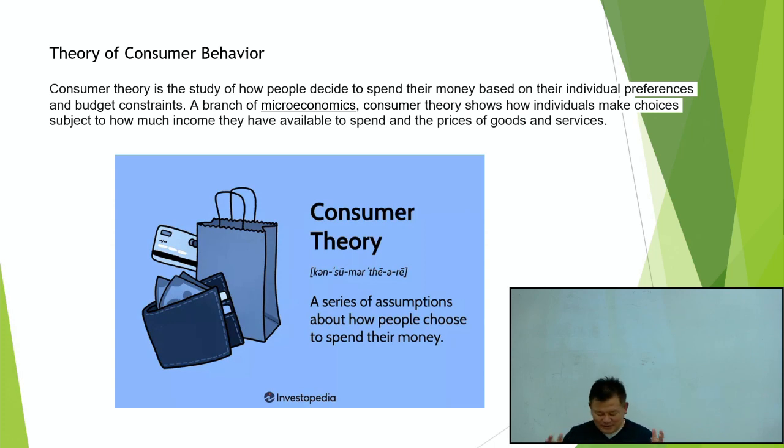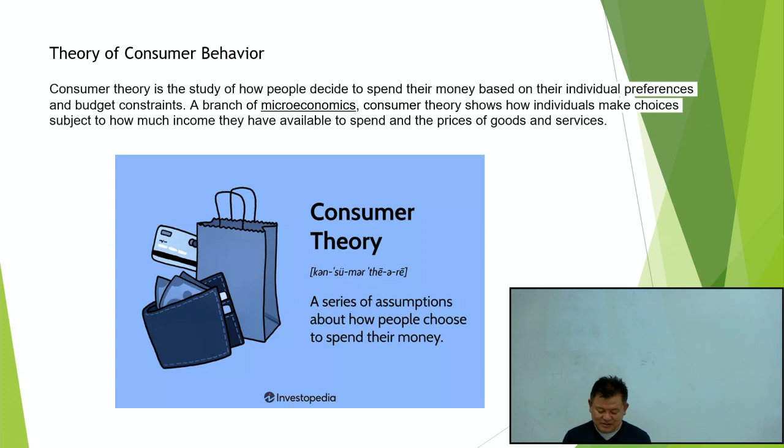Everybody has very different ideas. Hence, consumer behavior deals with the way consumers spend their income on different services and goods. Different income, different spending. Income means their money, the same meaning.